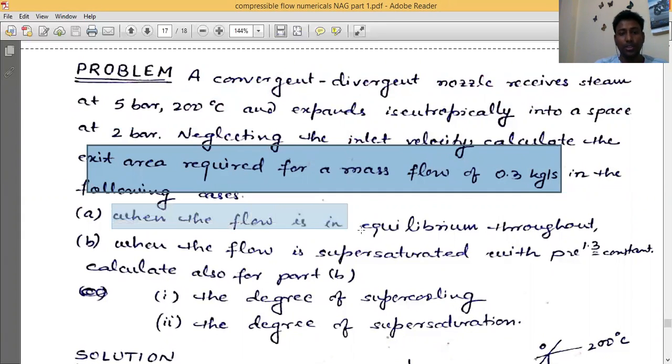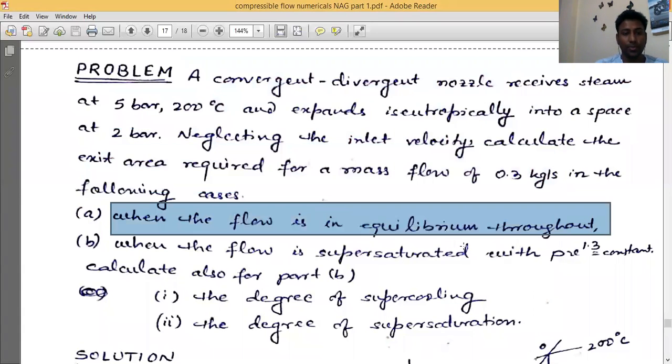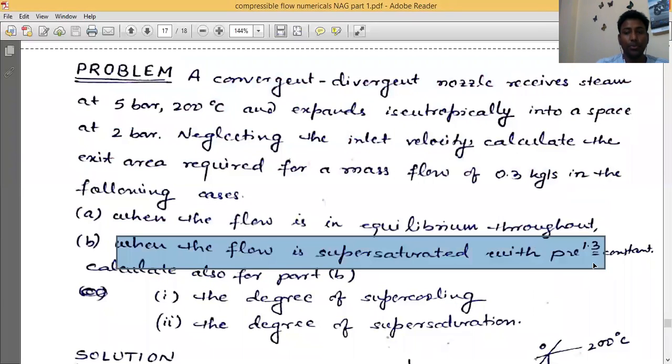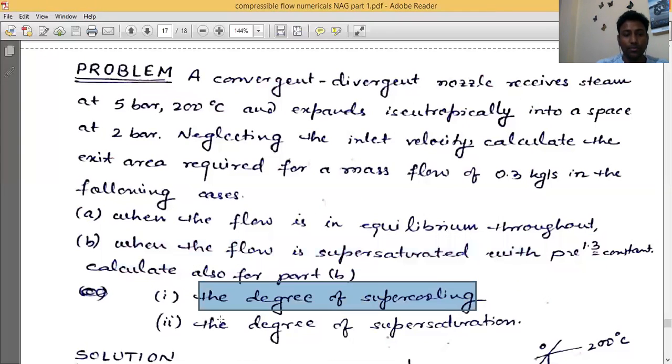First, when the flow is in equilibrium throughout. Thereafter, when the flow is supersaturated with PV to the power 1.3 equal to constant. And for these supersaturated cases, you need to determine the supercooling and degree of supersaturation.